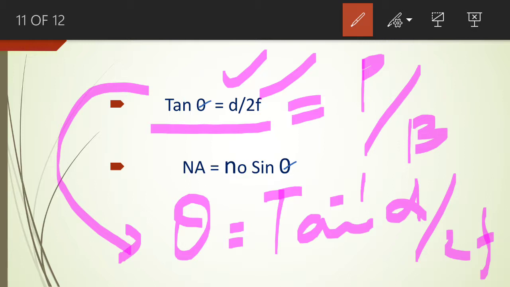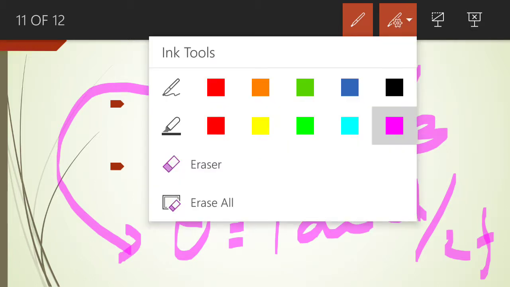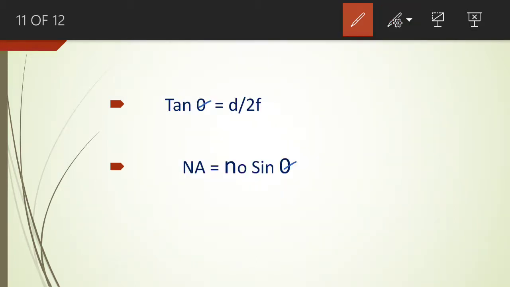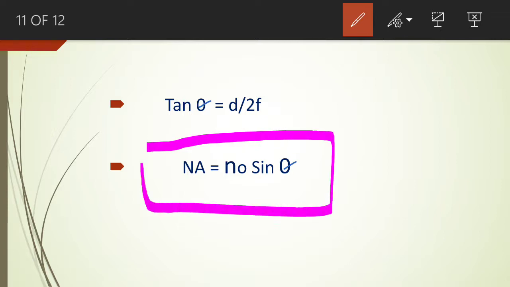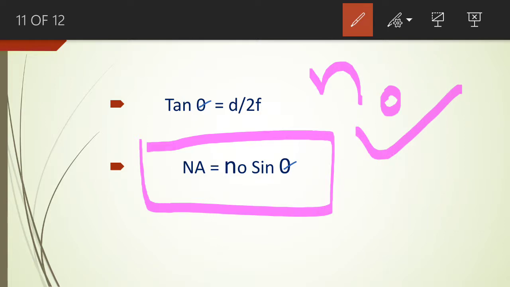We can calculate the angle with the help of this particular equation, tangent inverse d by 2f. And once the angle is known, then we can calculate the numerical aperture of the photodetector with the help of this equation. The numerical aperture will be equal to n naught into sine of theta. And what is n naught? N naught is the refractive index of the medium between the spherical lens and the photodetector.